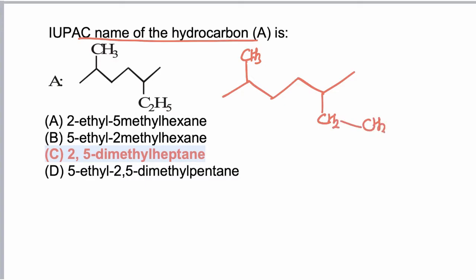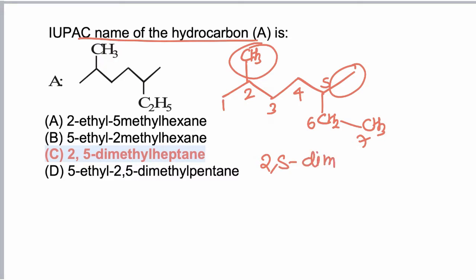First we have to select the longest chain, so we start naming from the left side with the longest chain of 7 carbons. At the second position a methyl group is attached, and at the 5 position another methyl group is attached, so the name of the molecule is 2,5-dimethyl. Total 7 carbon atoms are present, hence heptane, so the correct answer is C, 2,5-dimethylheptane.